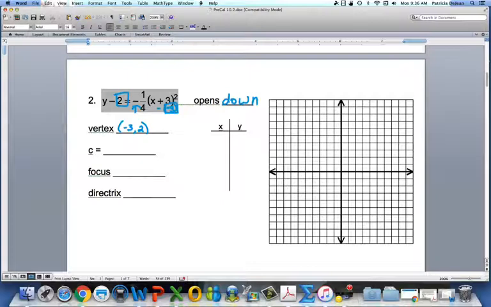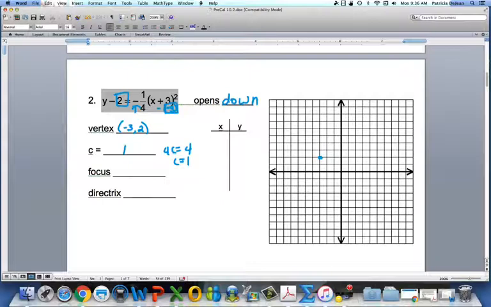Then we want our C. Well, 4C is equal to 4, so C is equal to 1. So let's put our vertex here, which is at negative 3, 2. 1, 2, 3, 2. There's our vertex.